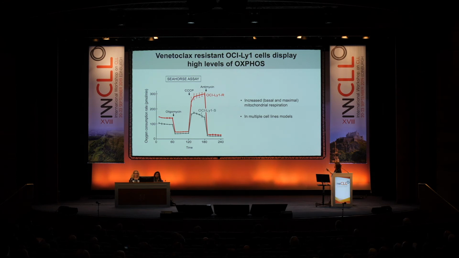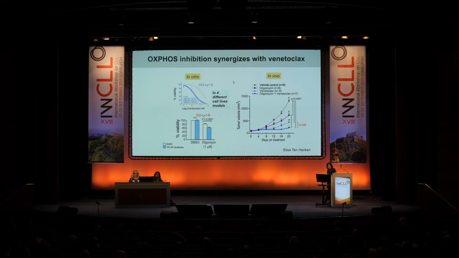We could see consistently that the resistant lines appeared to have increased basal and maximal mitochondrial respiration, so kind of fitter mitochondria. As we went back and looked at our cell lines using these electron transport chain inhibitors, there was synergy that we could see in the sensitive lines, and increased sensitivity to venetoclax in combination when we looked at the resistant line.